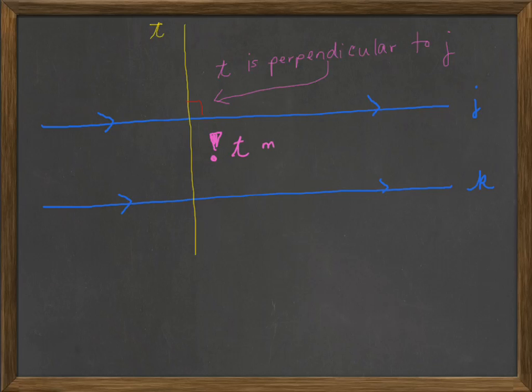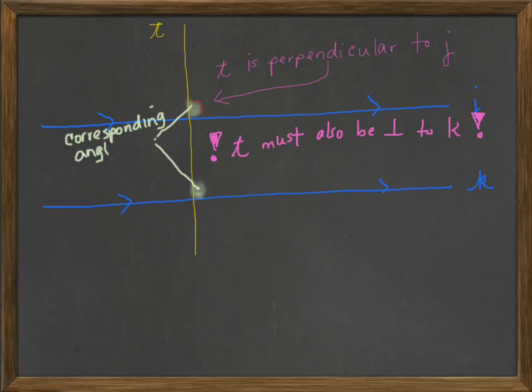Well, what can we say now? Well, we can say that line T must also be perpendicular to line K. How do we know this? Look, there are two corresponding angles. Both of those angles are above the blue lines and to the right of the yellow line. And we have a special rule that applies to corresponding angles. We have the PCA.